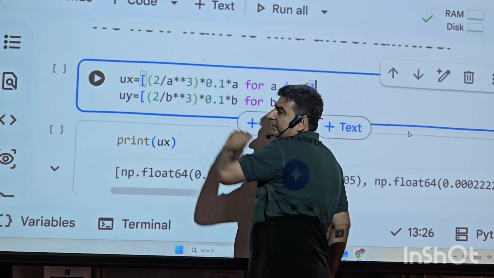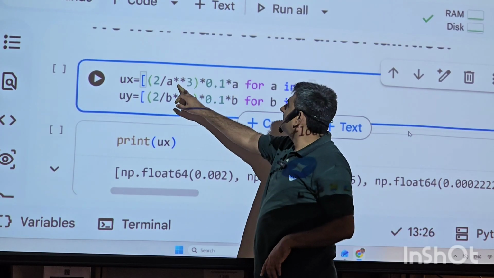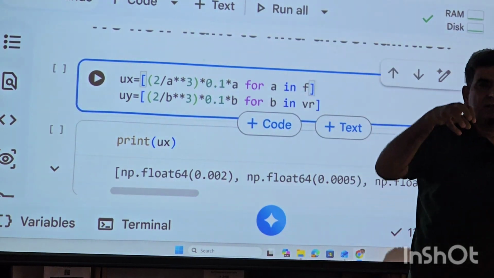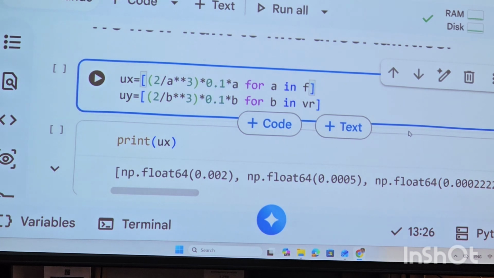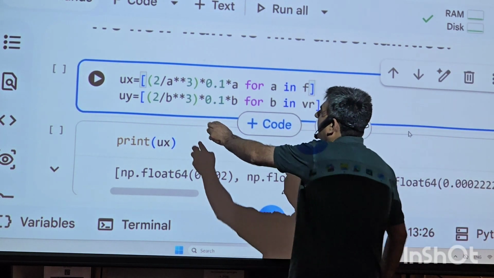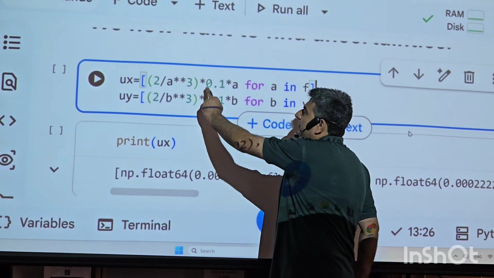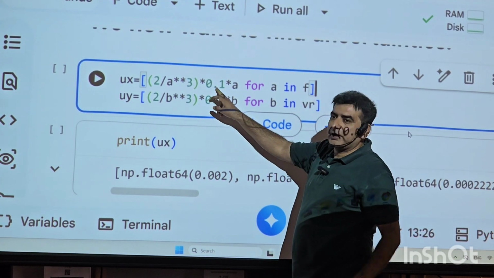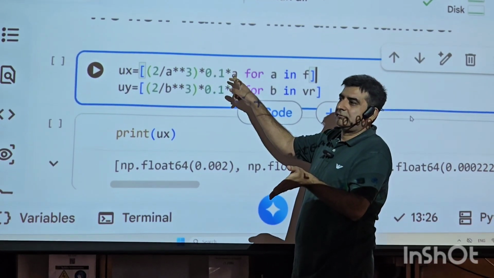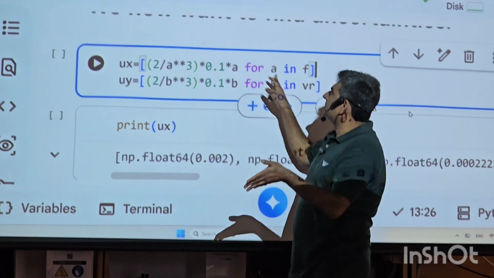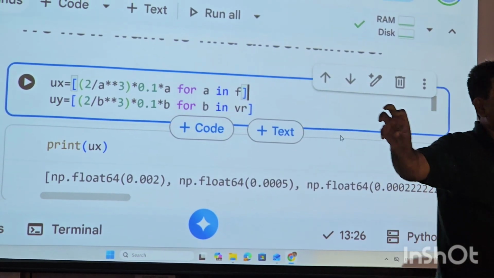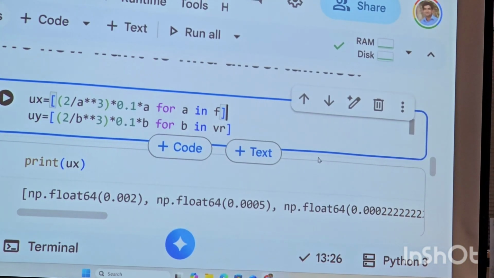It's 2 over a cubed, where a is my running variable, some number inside my array of frequencies f. It's 2 over f cube multiplied by 0.1, which is 10% of that value of f. So this will give me the list of uncertainties in x. Got it?